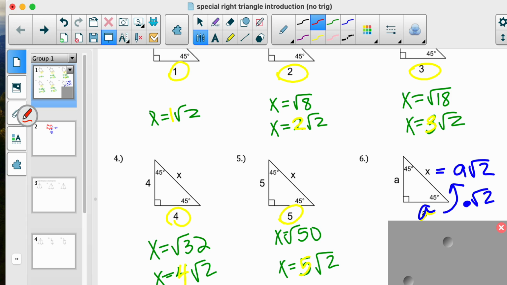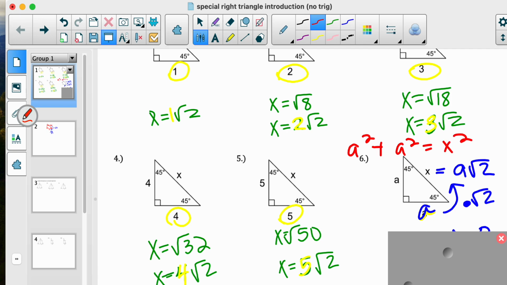When you were using the Pythagorean theorem, you would have had a squared plus a squared equals x squared. How many a squareds do we have on this side? 2. 2a squared equals x squared. We're going to square root both sides. Remember the phrase here?